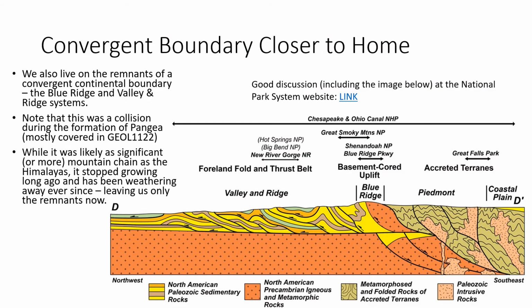We can also see this close to home. So this area down here is the Piedmont. So Piedmont is like where Atlanta is. This formed with a collision that created Pangaea in the first place, where we slammed into the African and Eurasian continents all at once.